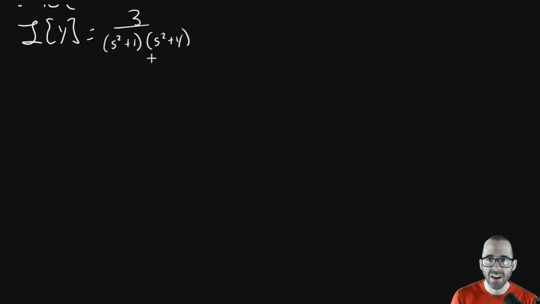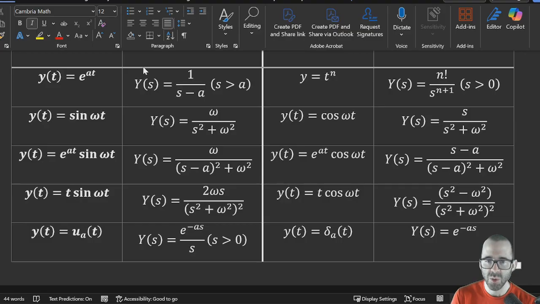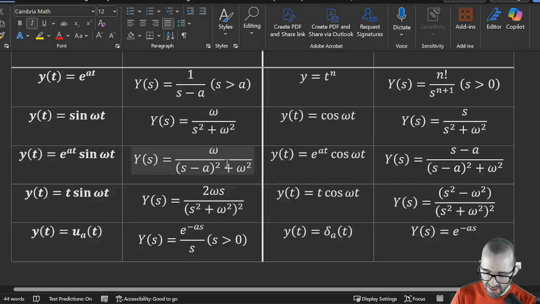Do we have anything with 2 quadratics multiplied by each other? No, we don't, unless it's the same quadratic, and we haven't introduced that property yet. So none of these will help us.